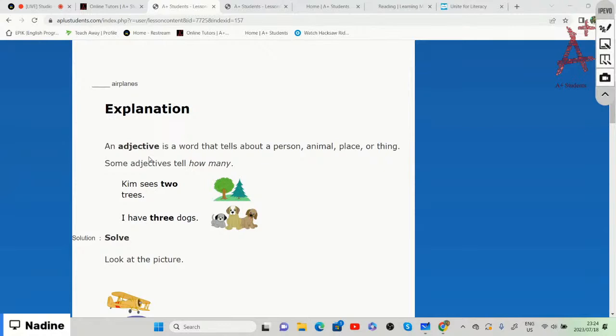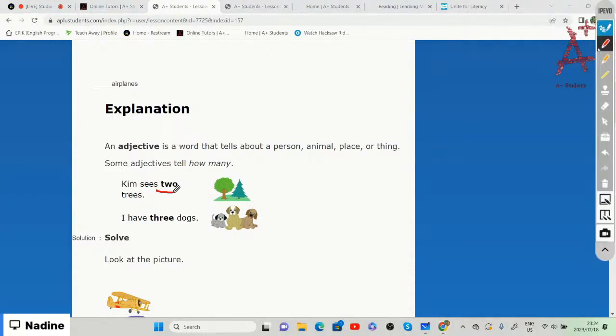And in this lesson, adjectives tell us how many. For example, Kim sees 2 trees. So how many trees does Kim see? 2. There's 1 and there's 2 trees, which means that 2 is our adjective that tells us how many.